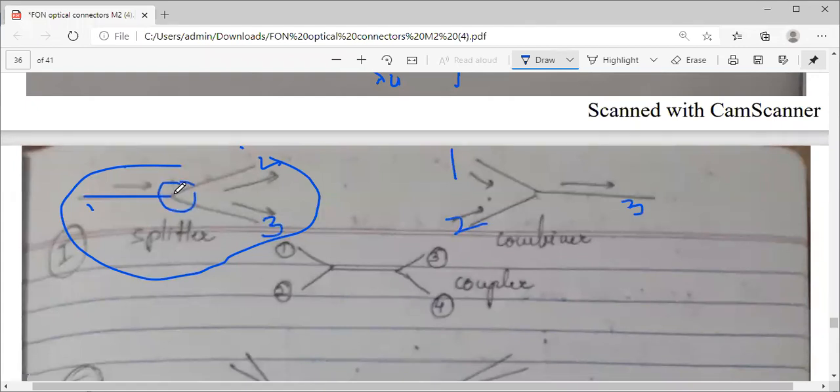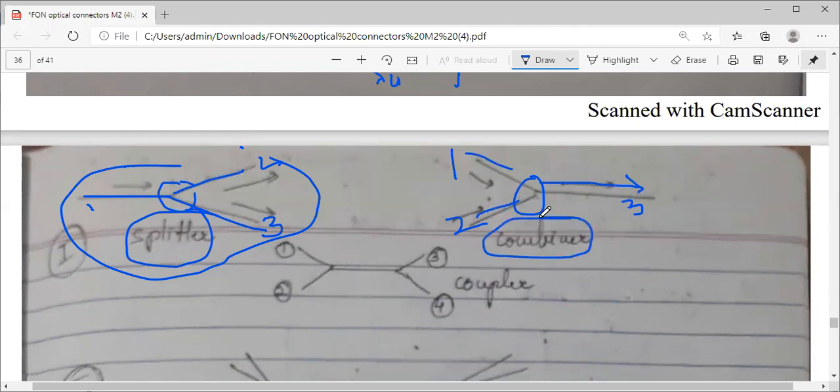If you use this coupler, it gets split, so it is a coupler acting as a splitter. Here 2 different signals are coming, combining together and propagating in the third fiber. So this is a combiner. Fiber couplers can act as splitters or power combiners.